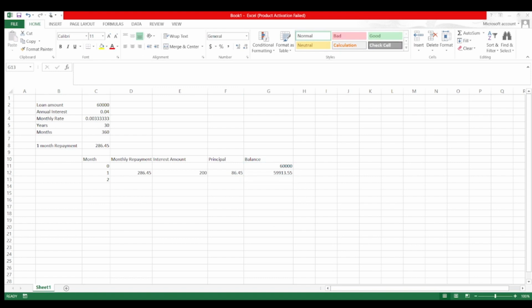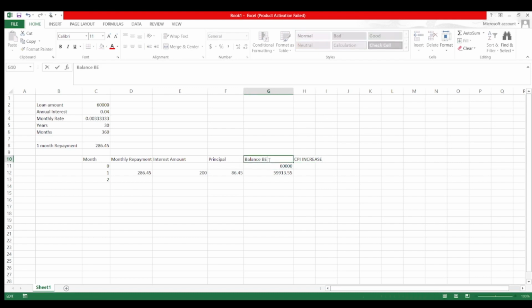However, there's something important to note. There's an increase at the end of the year of 6%. This is the CPI increase. So here you can create another column, CPI increase.